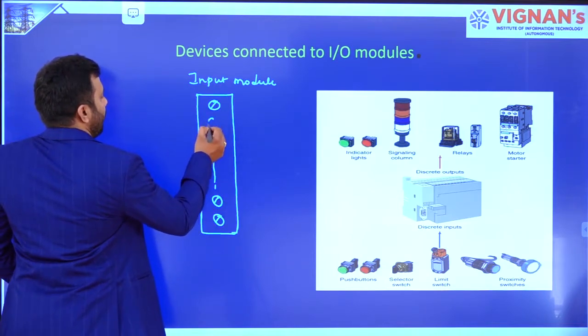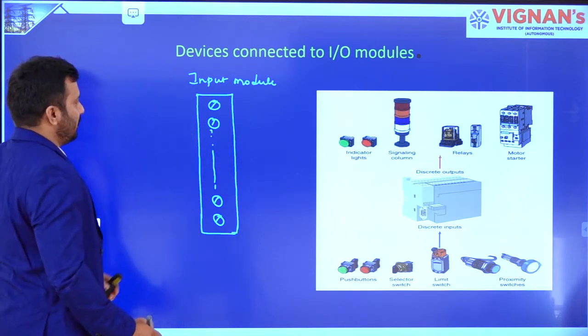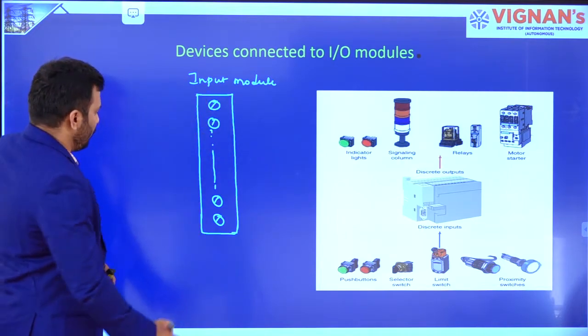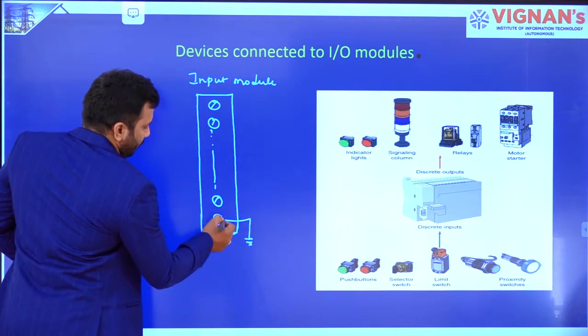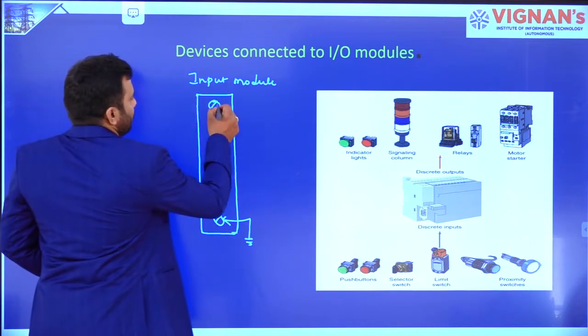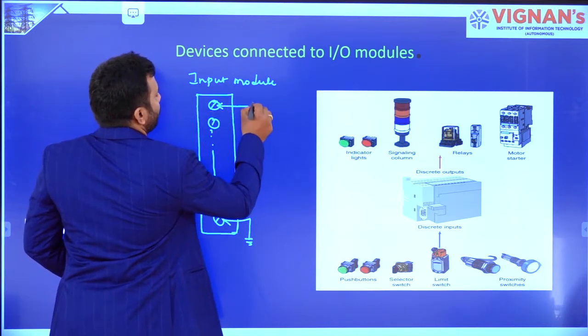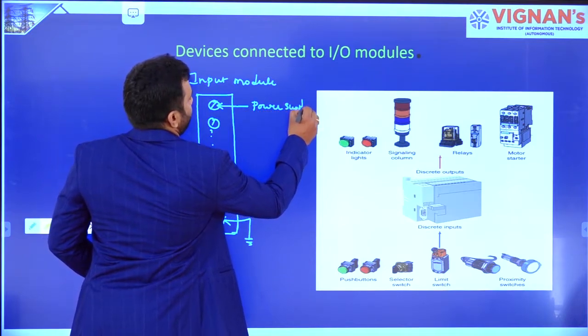Like this, 8 terminals are going to be present in this particular input module, right. So the ground terminal is going to be connected with the ground supply, and this power supply terminal is going to be connected to the power supply.